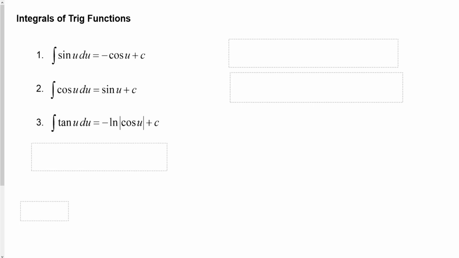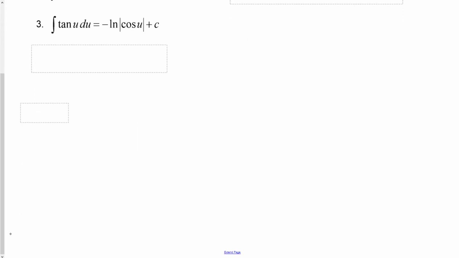So for instance, if I try to integrate the tangent of x dx, and I'm just making it x for simplicity. This would apply if we threw the chain rule into it. I don't have any means of integrating tangent from the outset, but I do know some things about tangent. One in particular is that it is the sine of x over the cosine of x.